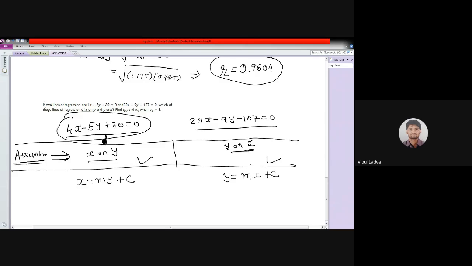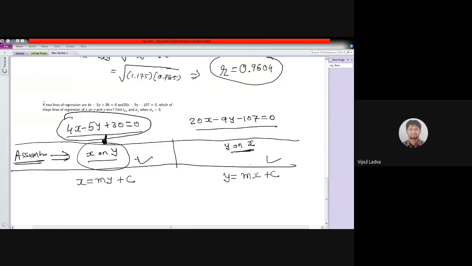If our assumption is correct, bingo, jackpot. We are not supposed to do anything else. And if we conclude that the assumption is wrong, then also we have a jackpot, because then we know the correct one. If this is not x on y, then surely this will be y on x.